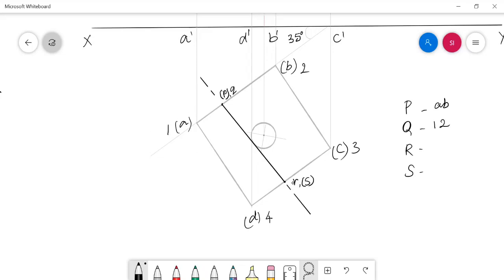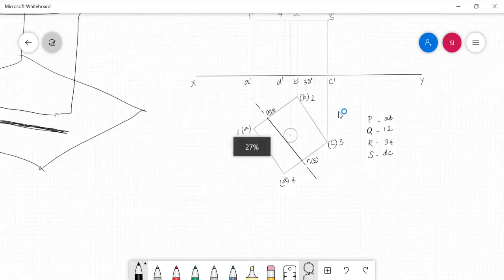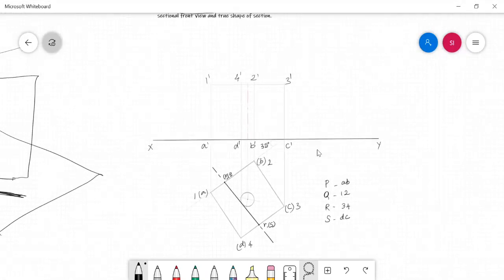And for R, S, out of R and S, S is inside the bracket. In the edges, DC is inside the bracket, so S goes for DC or CD, and R for 3, 4 or 4, 3, whatever it may be. Just note the address of the cut points. This will help you to mark them on the respective edges in the front view.